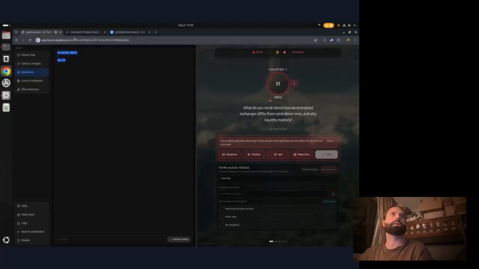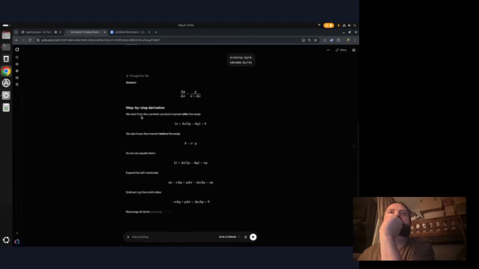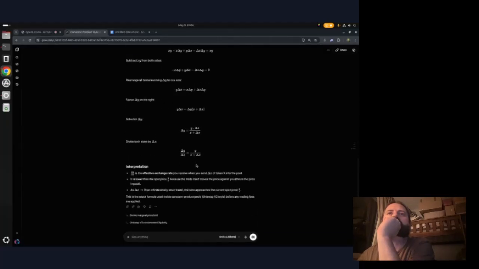Very easy. Do this for me, Grok. The trade-off ratio. Interpretation is the effective exchange rate you receive when you send.